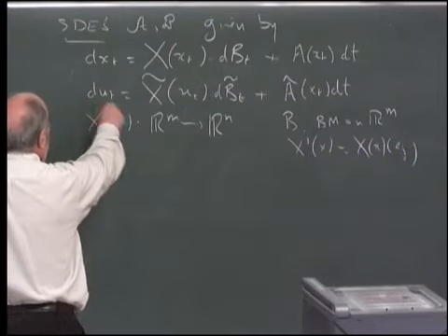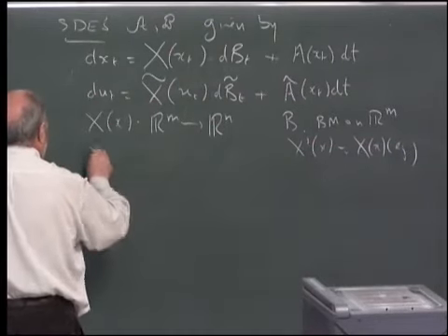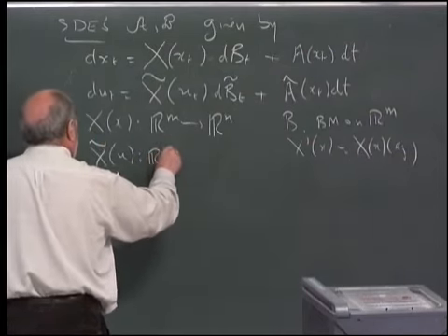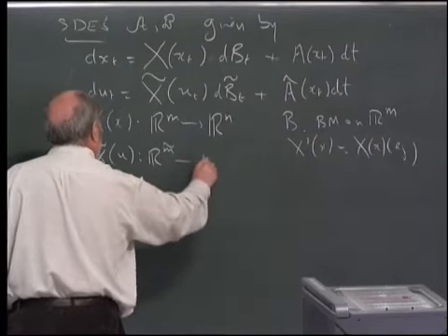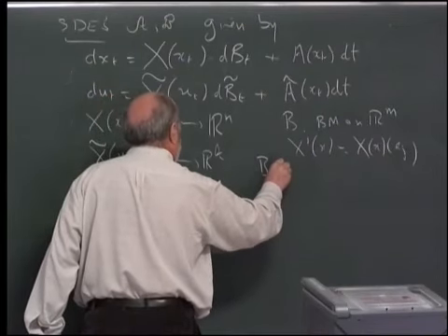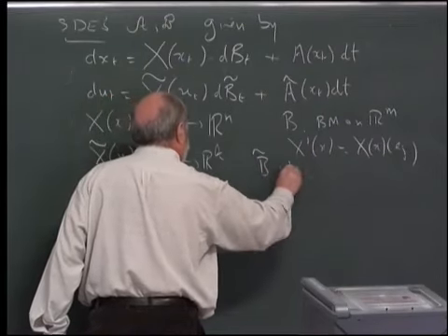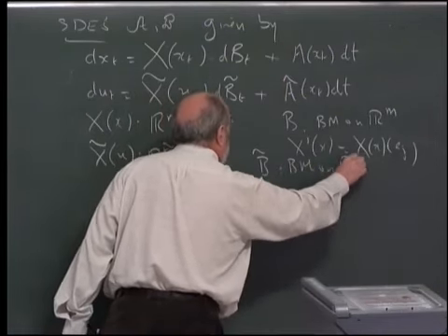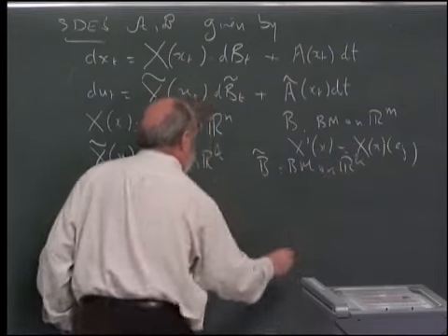And, of course, X tilde at u, I'll take a different one, and B tilde is a Brownian motion on R^m tilde.